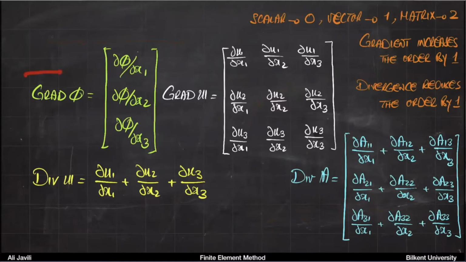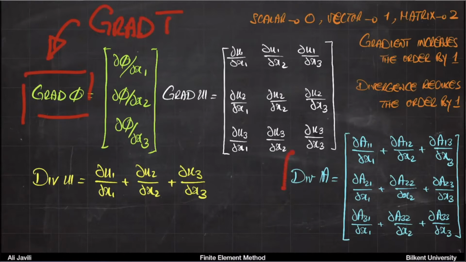A gradient of a scalar field would be something like gradient of temperature. So when you are dealing with a thermal problem, this is what you need. Divergence of a second order tensor is something like divergence of stress. So you would need something like that when you are dealing with a mechanical problem.